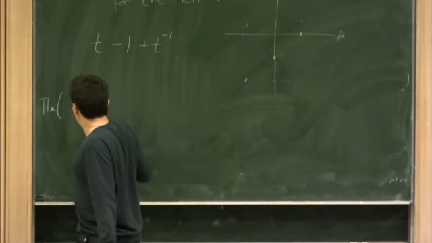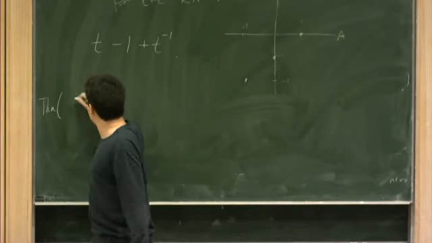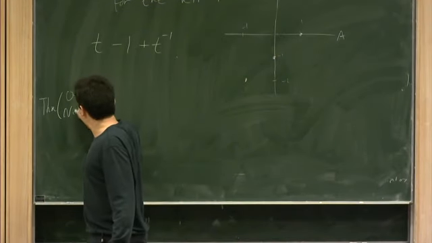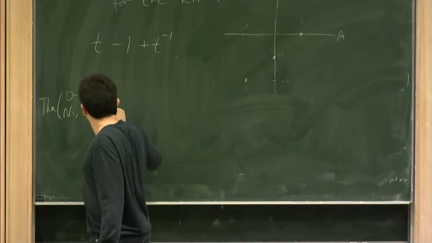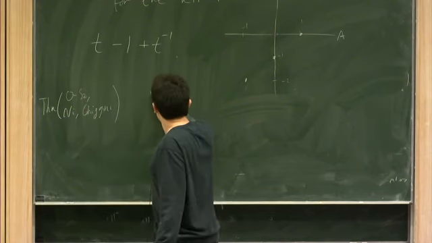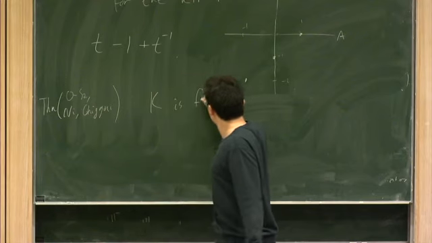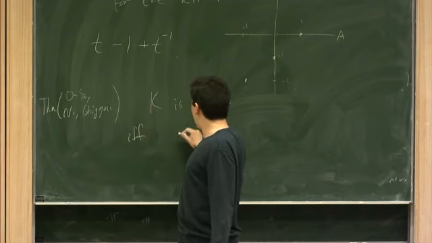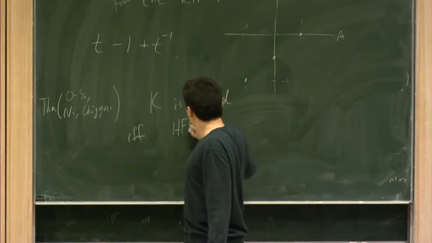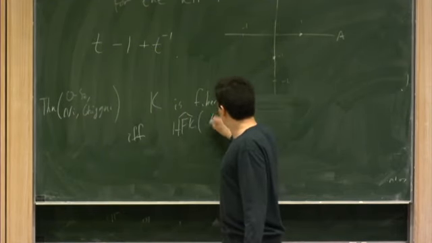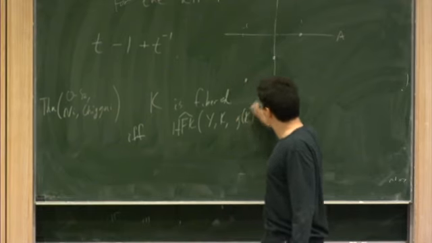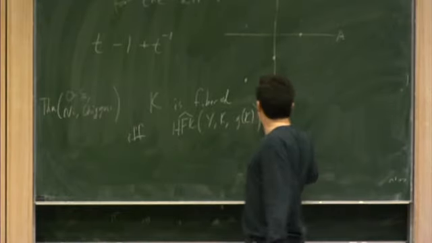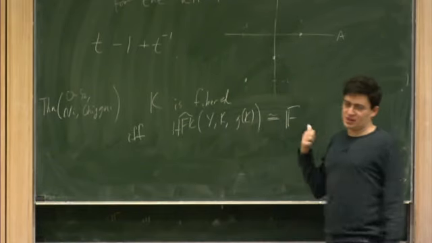Okay, well, let me, so this is, I guess, in one direction comes from Ozsváth and Szabó, and then the more interesting direction comes from Ni and Ghiggini, is that K is fibered if and only if the Floer homology in that maximal group there, in the Alexander grading equal to the genus, is actually rank 1.